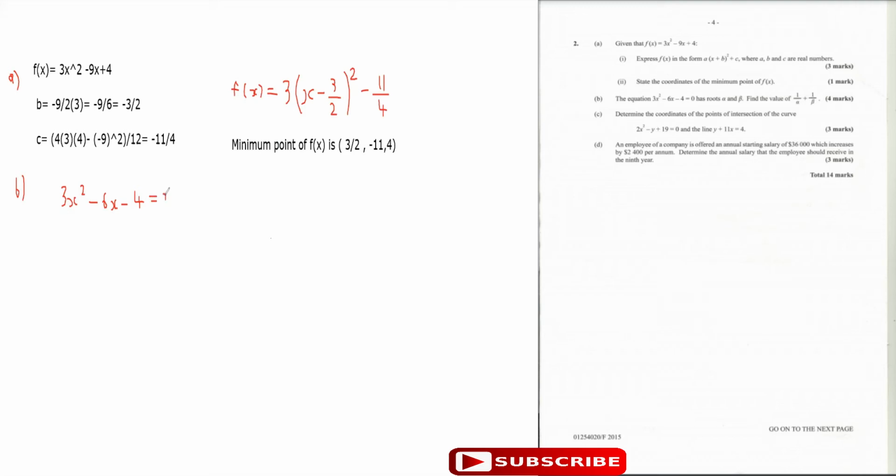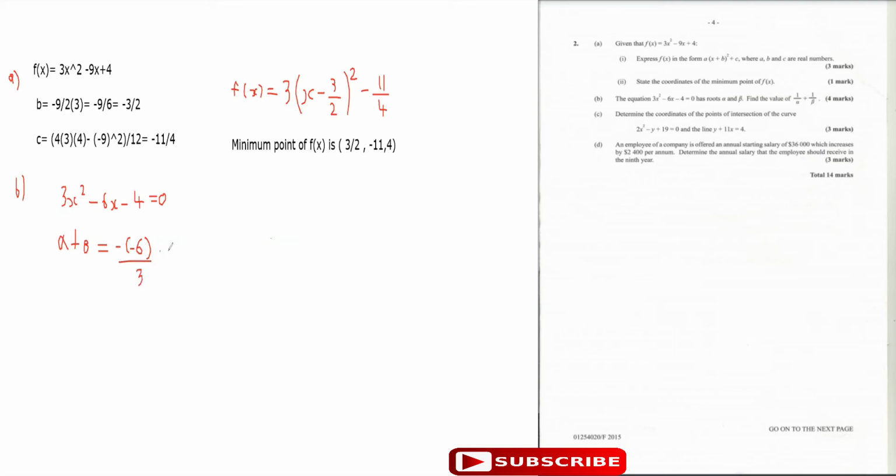And here what they ask us is, find the value of 1 over alpha plus 1 over beta, where alpha and beta are the roots. If alpha and beta are the roots, then we know that alpha plus beta is going to be equal to minus b over a. So alpha plus beta is going to be equal to minus 6, and that's, of course, divided by 3.